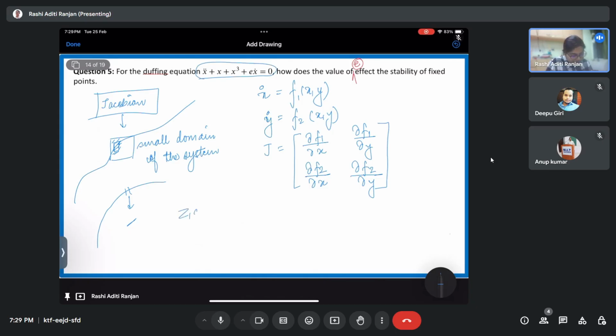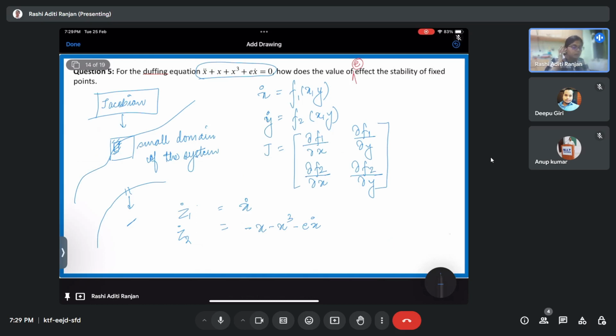So we'll have z1 dot. We'll just write it like this. Okay. I hope this is clear.